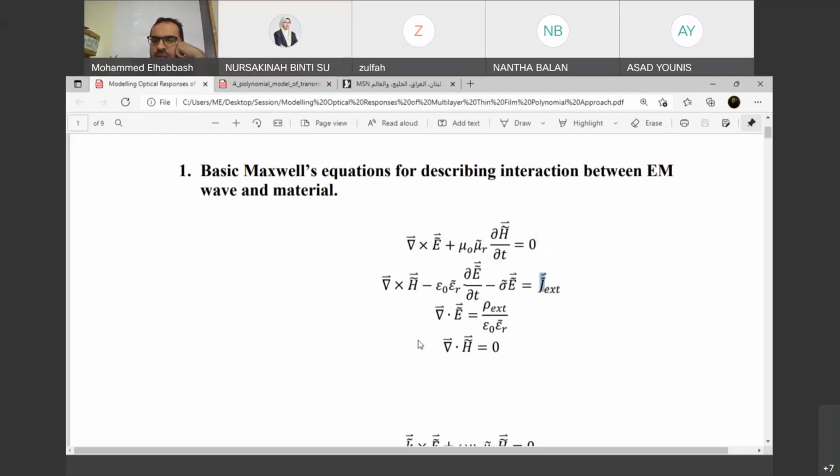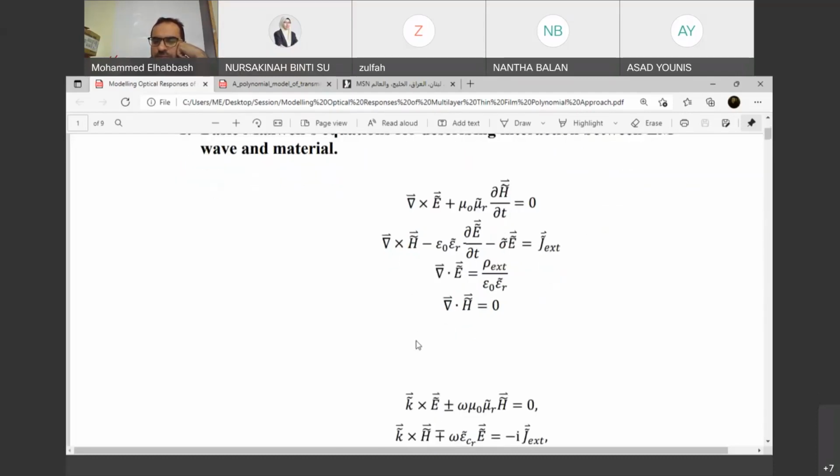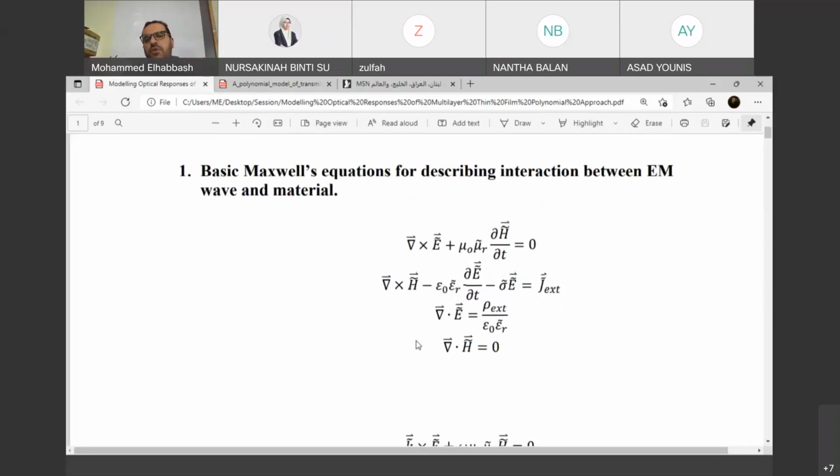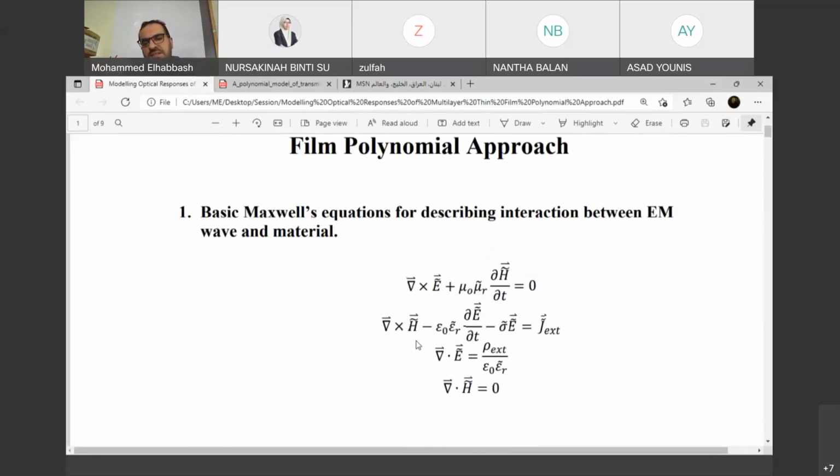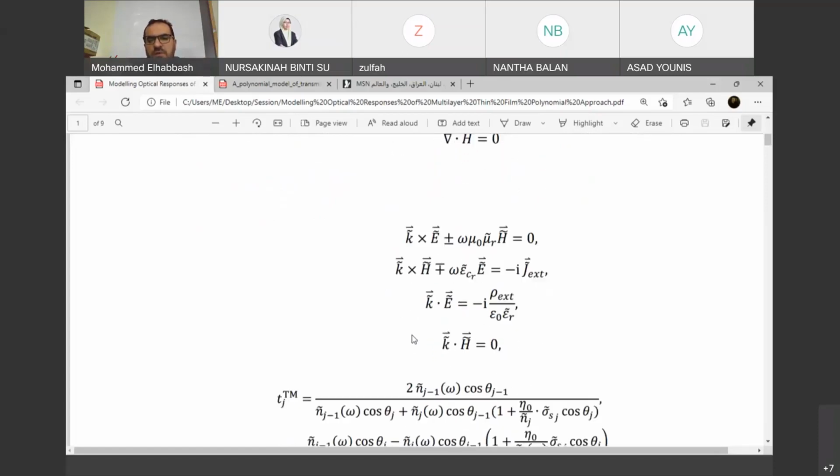But if we want to describe the polynomial approach, the four equations in this form do not appear to be useful for us. So we want to change them into this form, in which we have the wave vector.